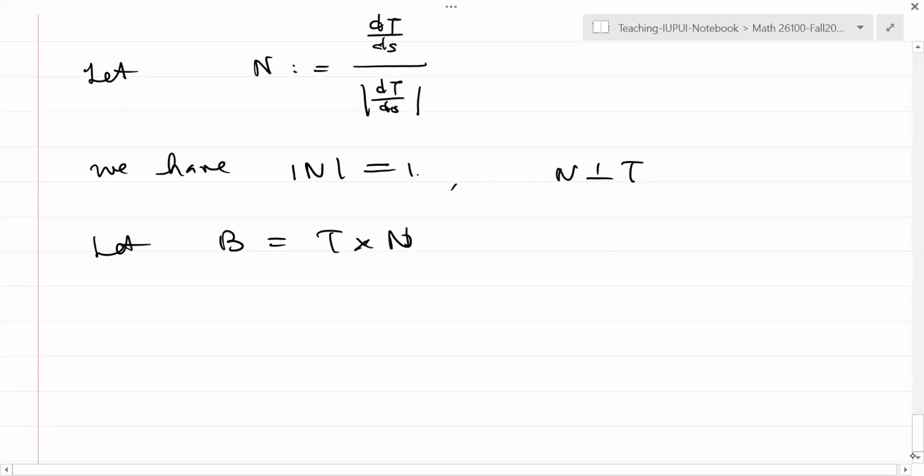The name is not important. But this B is a unit vector, and B is perpendicular to T, and B is also perpendicular to N.